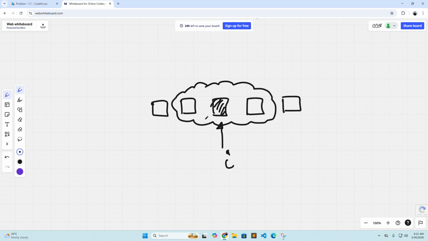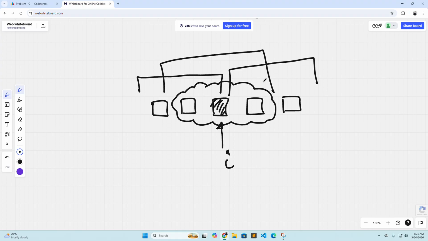Why this? Because the ith index can be in a subarray ending at i, or a subarray starting at i, or in the middle, somewhere which is not the last index or first index.